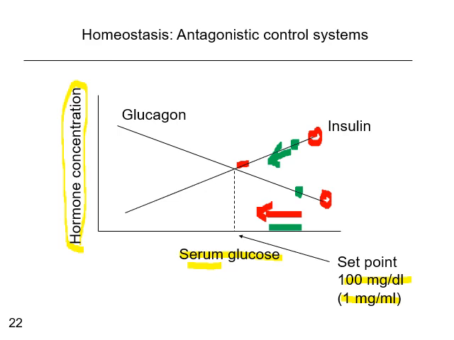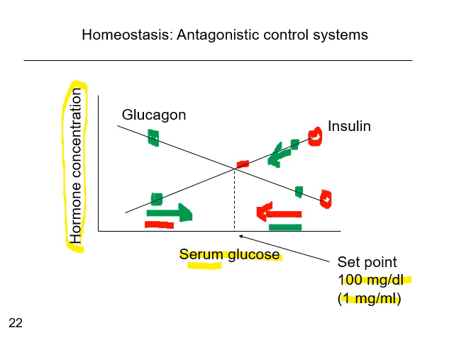If the blood glucose were to get too low, say during a fast, no eating, then the body is going to try to raise blood glucose because your brain needs glucose even if you're starving. So to do that, low blood glucose increases the release of glucagon from the alpha cells and decreases the release of insulin from the beta cells.